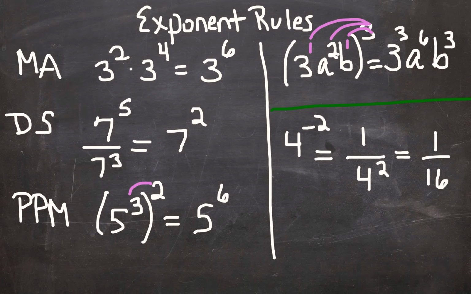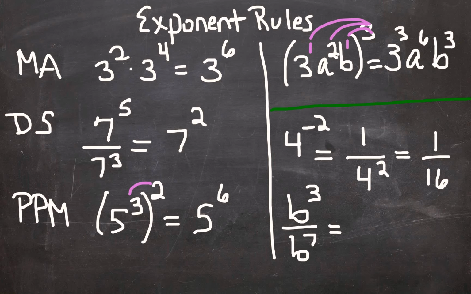If I happen to have b cubed over b to the 7th, and I was asked to simplify that, well, I could use my subtraction rule and do 3 minus 7, because when I divide, we subtract. When I have the same base, I divide. When I divide, I subtract.